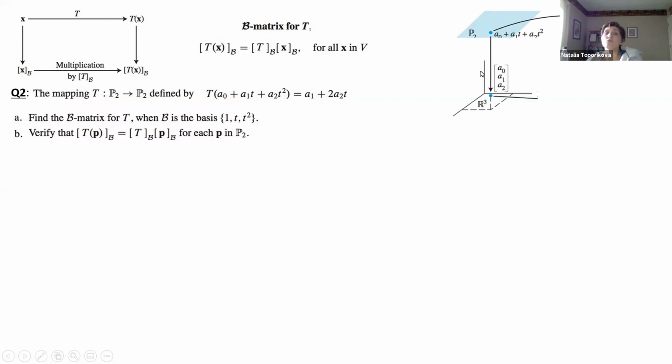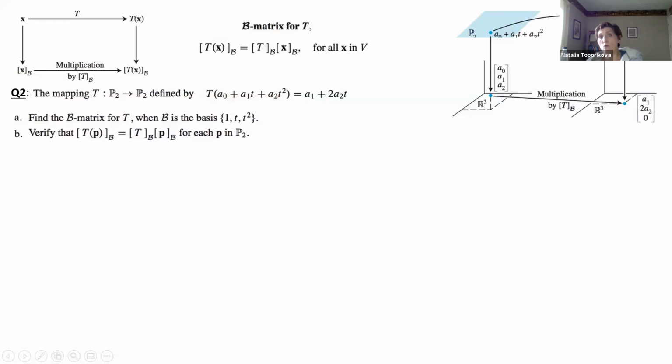It is much easier to work in a regular space R3, where we can represent our second degree polynomial as a vector of three components. First represents the free term, second the first degree term, and the third one is the coefficient in front of the square. So that's much more straightforward.